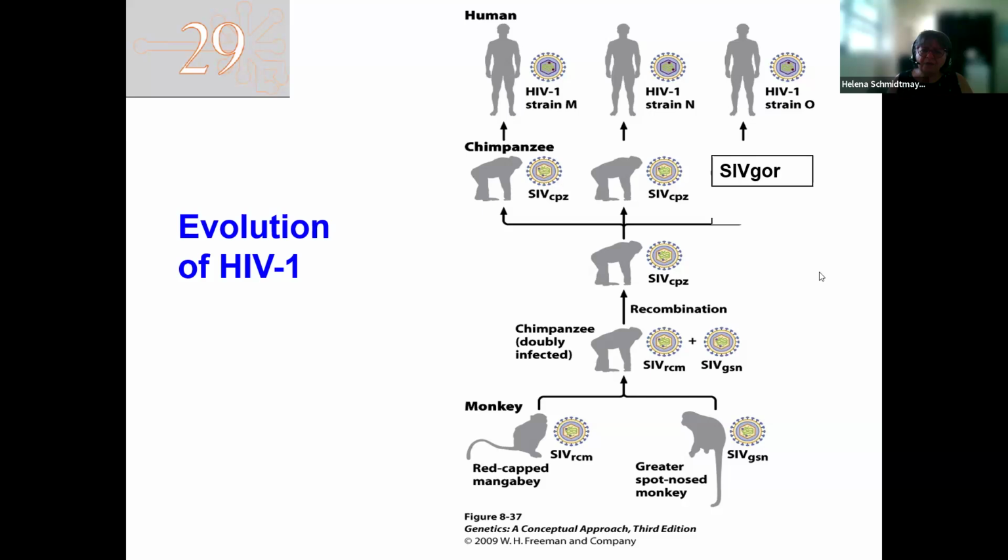The span is between 1930 up to 1950. And it jumped into the human population from SIV virus, from chimpanzees or gorillas.